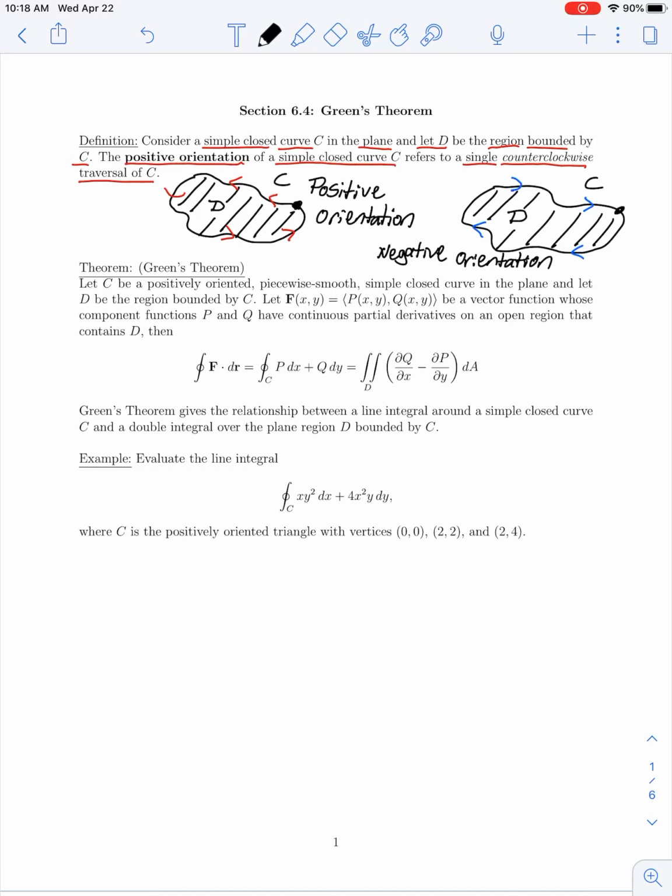So now that we have the positive orientation of a closed curve defined, we're ready to state the result known as Green's theorem. So here's what Green's theorem says.